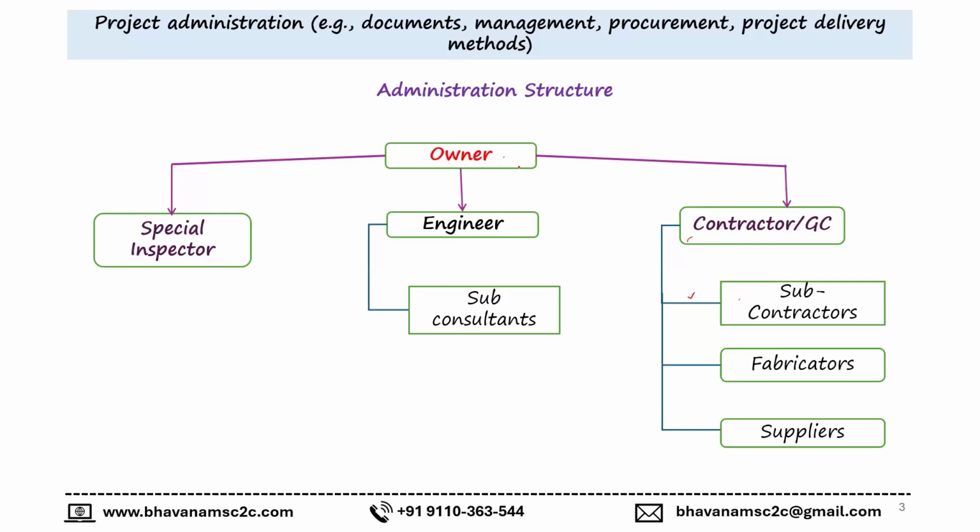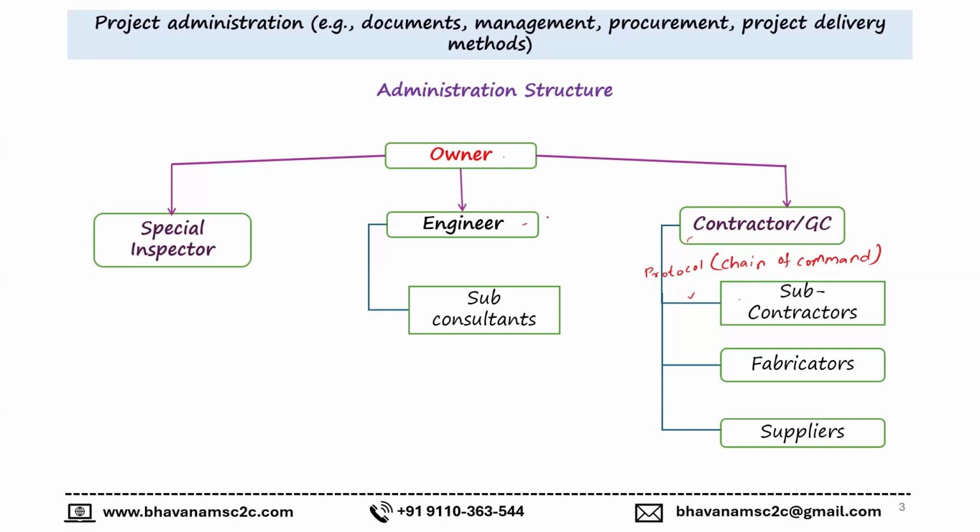He cannot jump to the owner by bypassing the contractor. So everyone has to follow the concept of protocol, also represented by the phrase chain of command within the site. The subcontractor cannot bypass the contractor and jump to the owner.